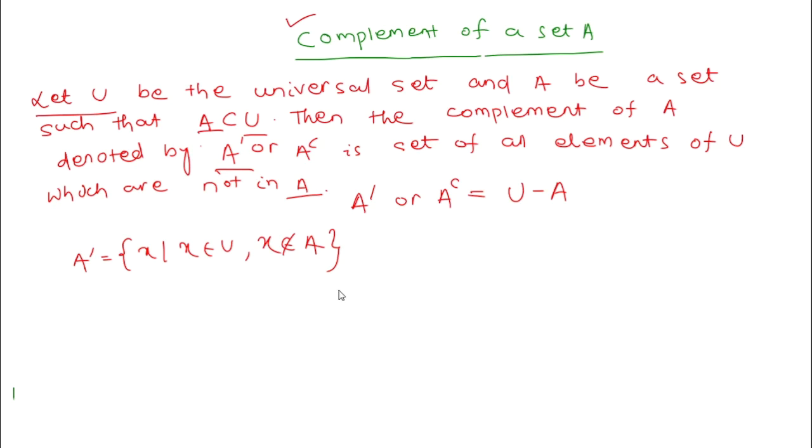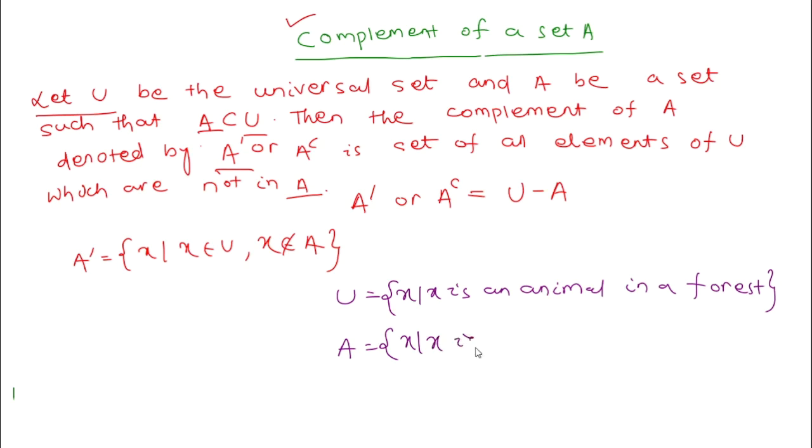Let U be a universal set where x such that x is an animal in a forest. Let U be the set of all animals present in a particular forest, and let A be the set where x such that x is a tiger. There are many types of animals in the forest and A is one among them, the set of tigers.